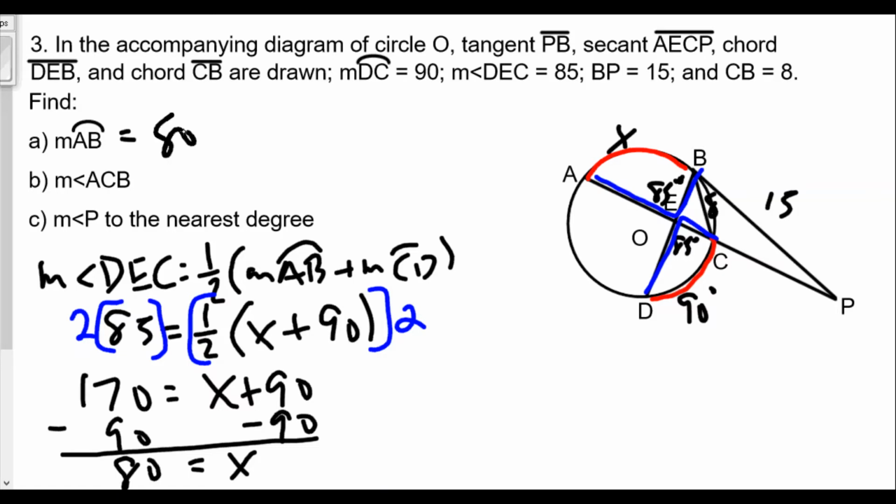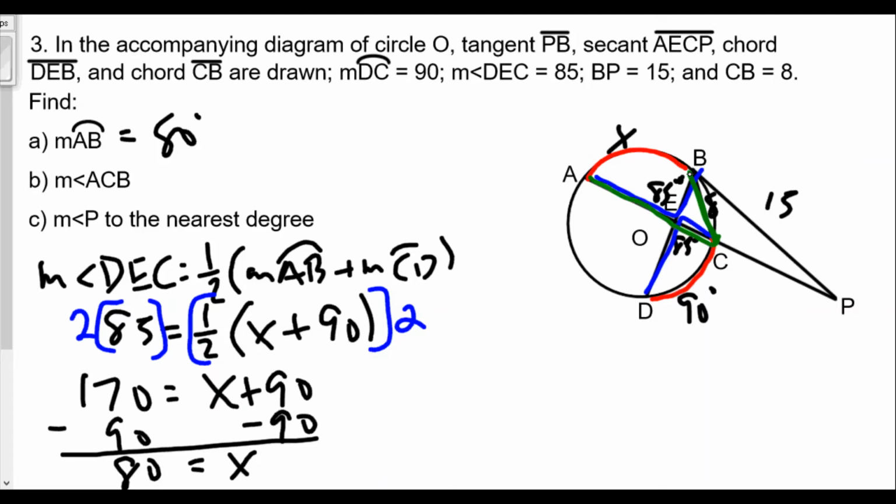And that's the first part. Now for the second part, we want to find the measure of angle ACB. ACB is what we call an inscribed angle. Its vertex is on the circle and its sides are formed by two chords, chord AEC and chord BC.